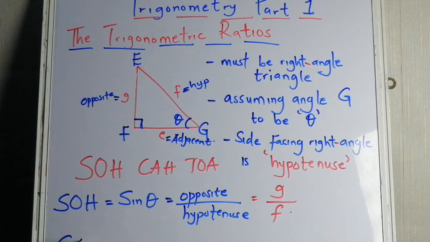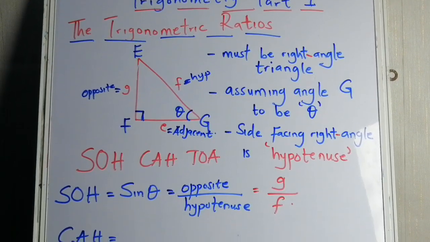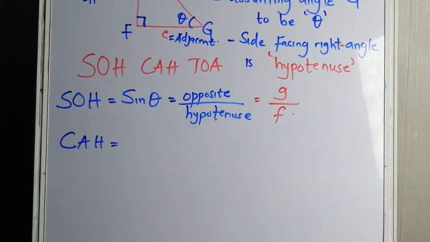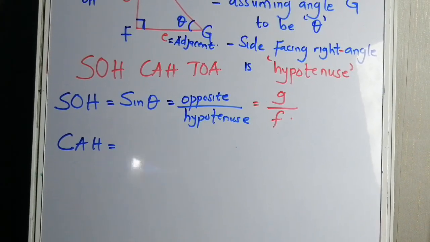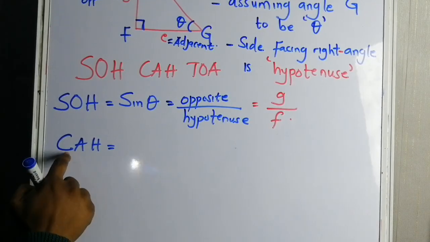Now, at the end of the day, we can also have our CAH. A there is representing adjacent. H there is representing what? Hypotenuse. Very simple. So C is what?